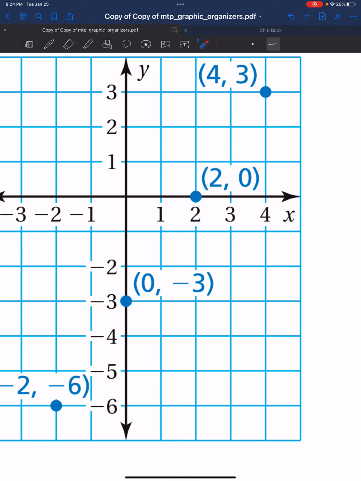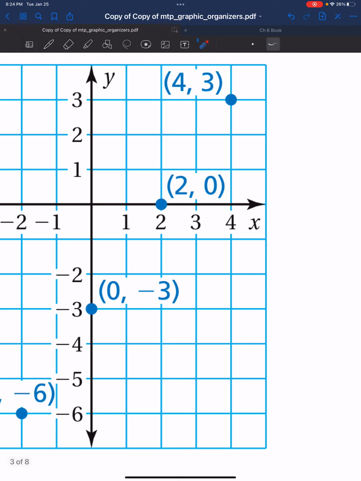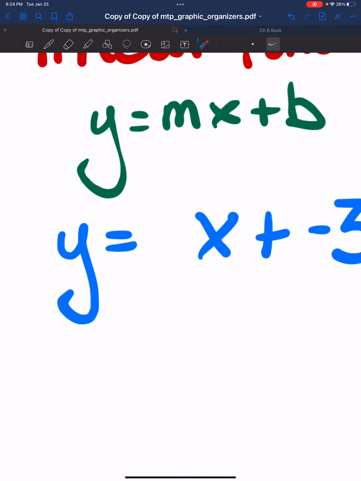You can either pick 2 points on the graph, right, and count the rise over the run to find the slope. What is the rise? 1, 2, 3. Now, Zach, what's the run? 1, 2. Okay, so slope is always a fraction. So slope is up 3 over 2, and it's positive. So I could say the slope is 3/2. We like fractions, even if they're improper, we don't care.